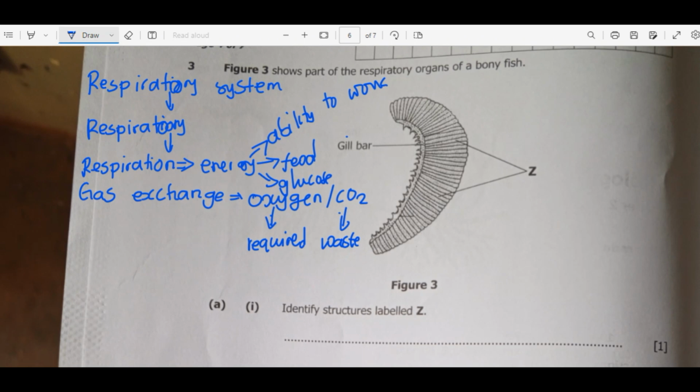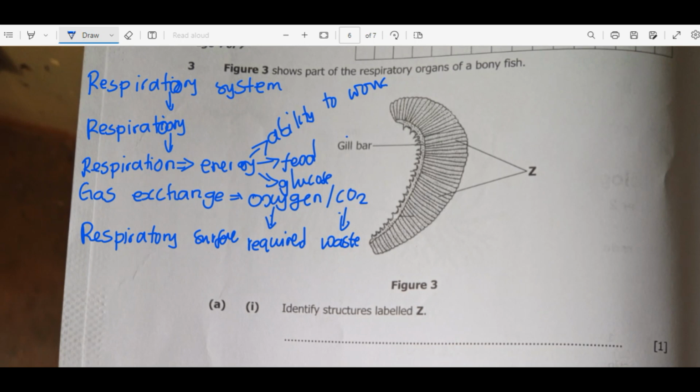So we have introduced another term, respiratory surface. What is meant by this? A respiratory surface can be defined as a part of a respiratory organ through which gaseous exchange takes place. For a bonefish like this one, there should be respiratory organs, and these must have the respiratory surface where the actual gaseous exchange occurs.